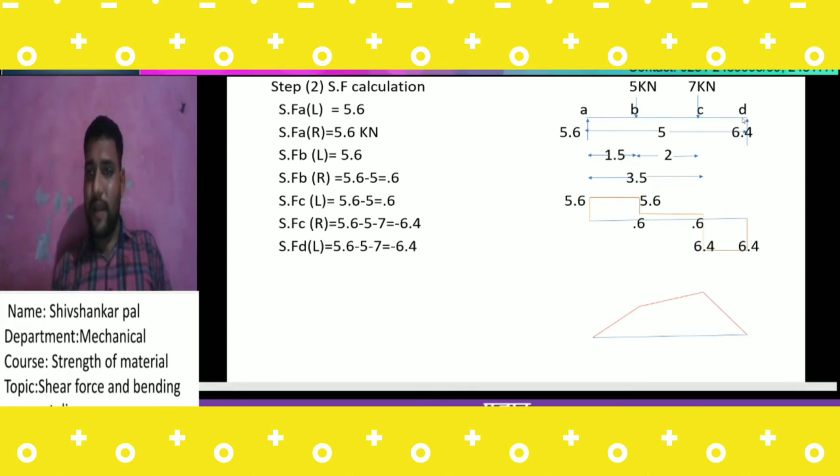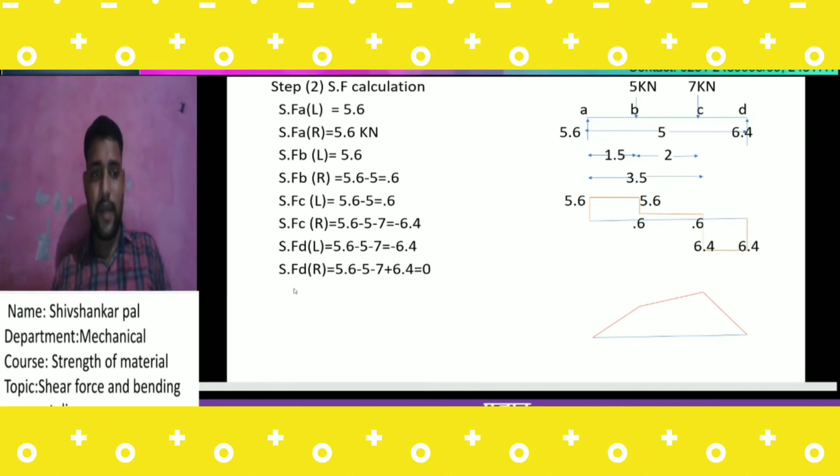Shear force at point D: just left of point D, I see only the three force loadings. That difference is equal to minus 6.4. When I go just right of point D, I see four loadings: the 5.6, 5 kN and 7 kN, and also the 6.4 kN in the upward direction.